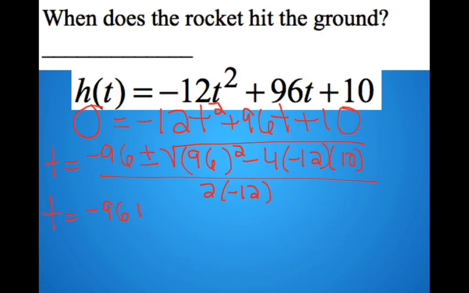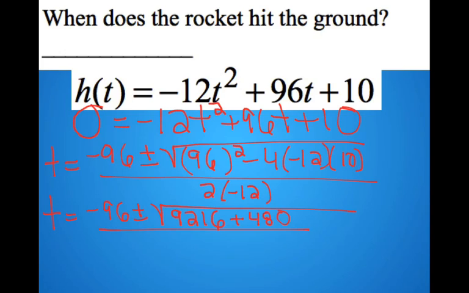So, negative 96 plus and minus the square root of 96 squared, which is 9216. And then again, I see 2 negative signs, so I'm going to say plus, and I'm going to do 12 times 10 times 4, so 480.